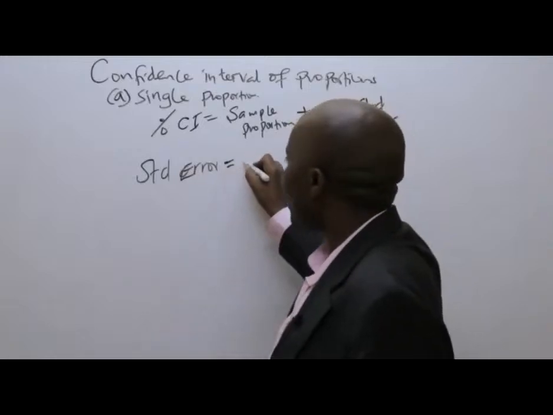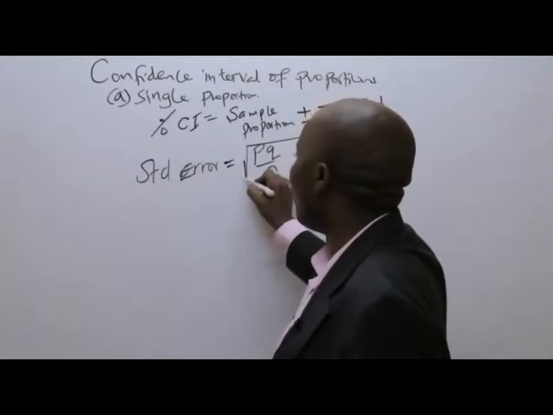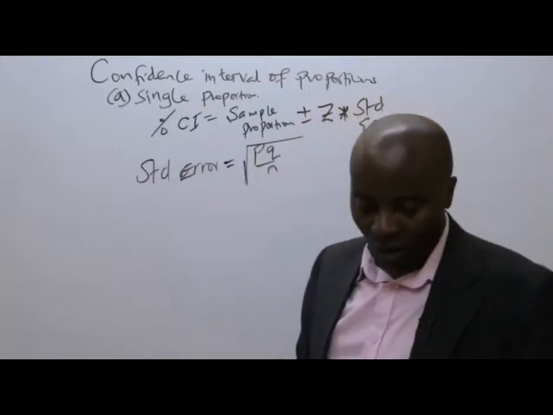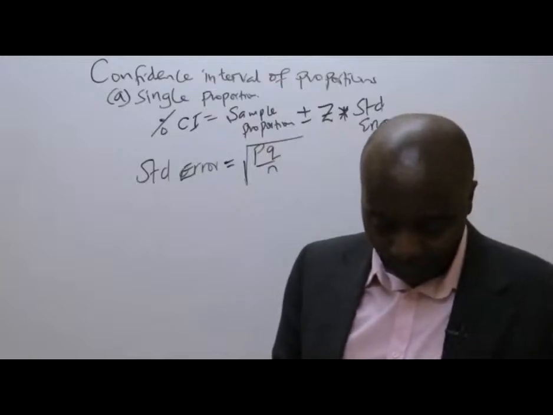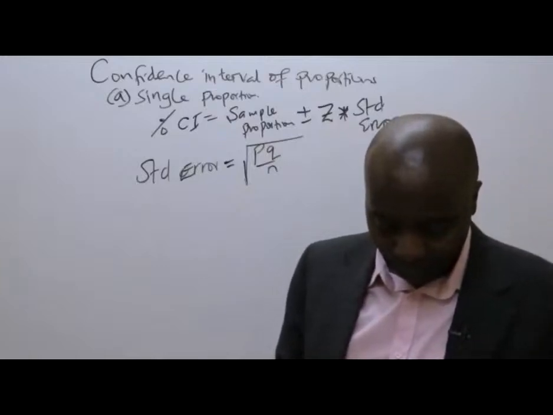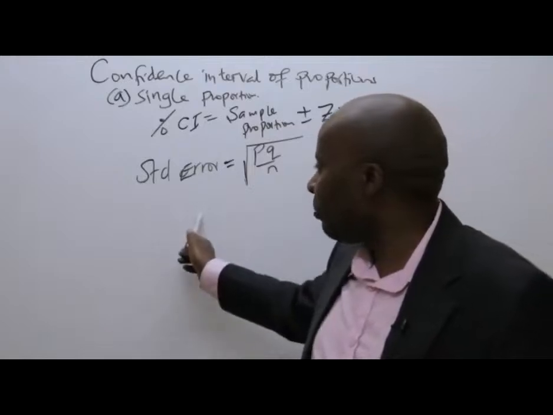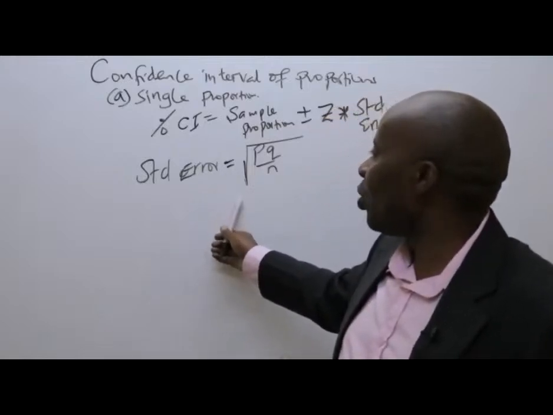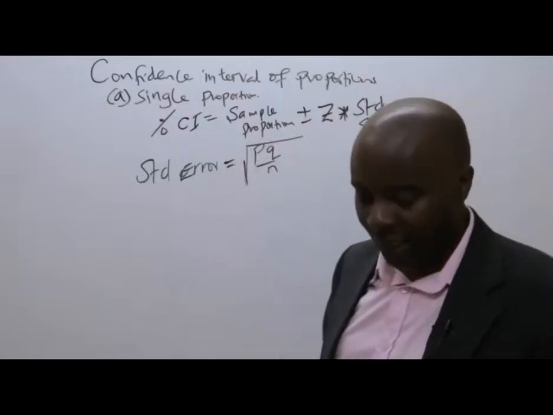To get the standard error here, we'll be taking the root of P multiplied by Q, all over N. Ladies and gentlemen, this is quite important: the standard error equals the root of P times Q all over N.